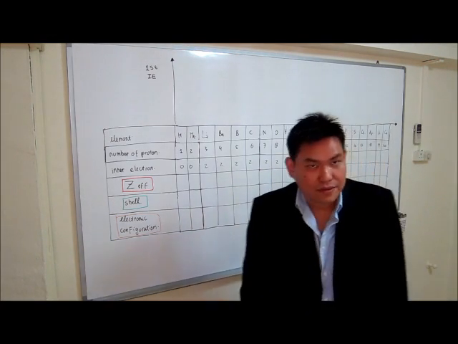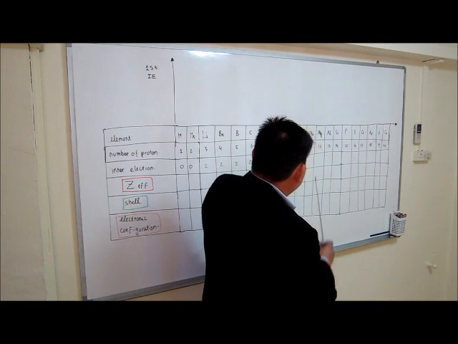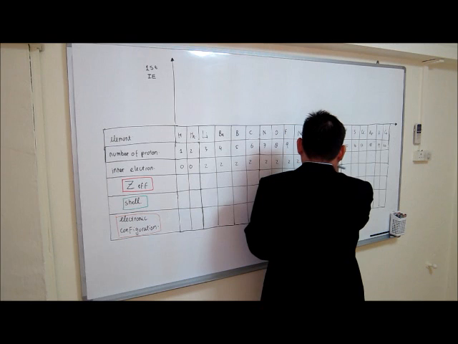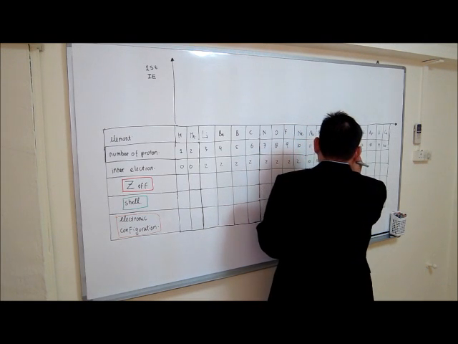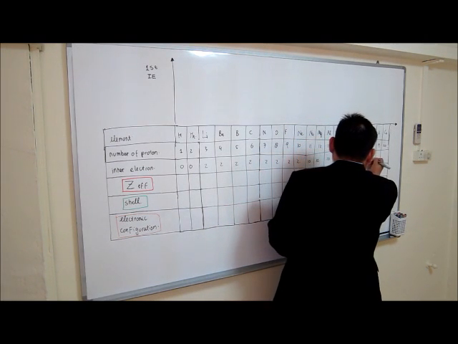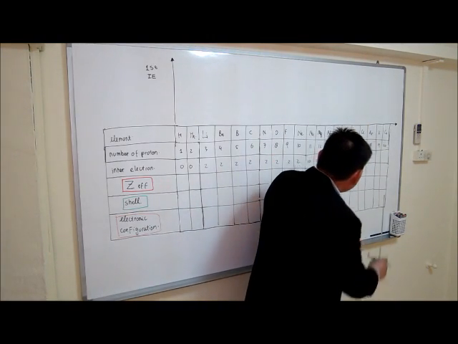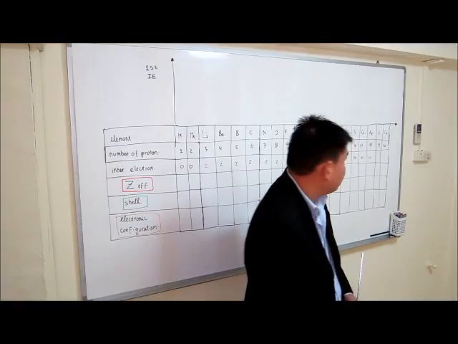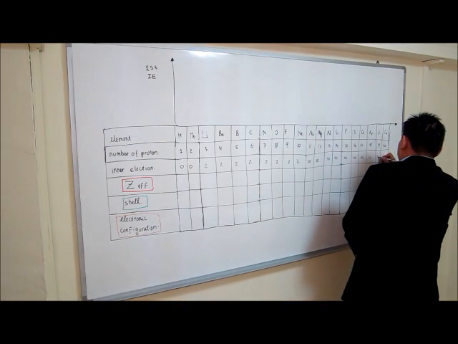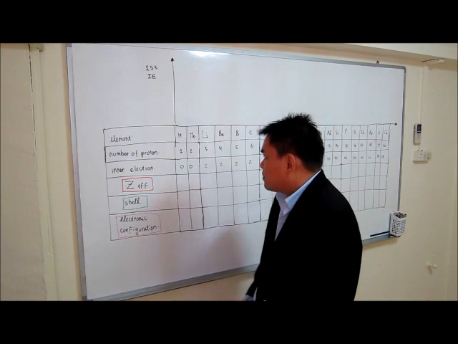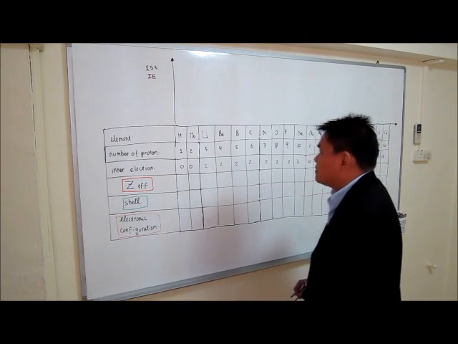From sodium to argon, of course you have 10 electrons, 2 on the first shell and 8 on the second shell. For potassium and calcium, you're going to have 18 electrons on the inside.